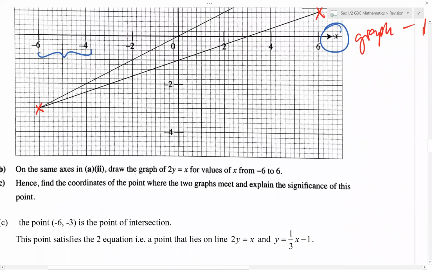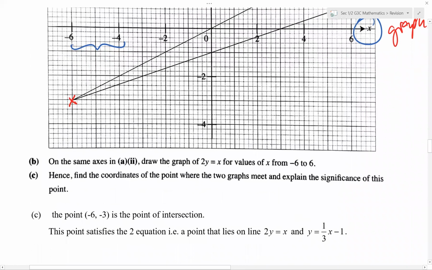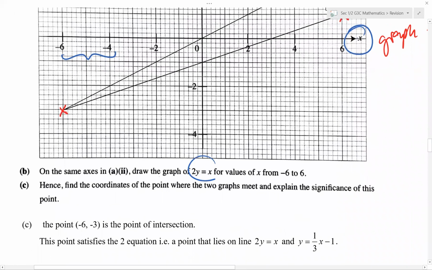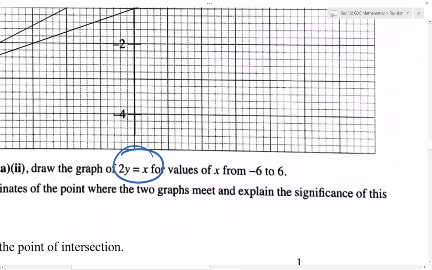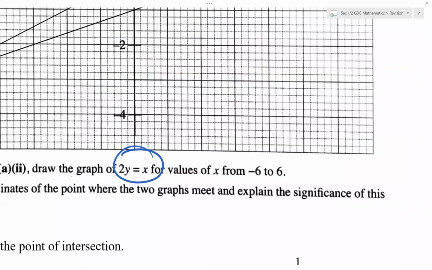Draw another graph, 2y equals x. So is this graph a straight line? To decide, we think, what is the format for a straight line graph? y equals to?